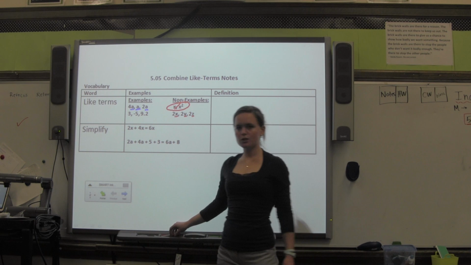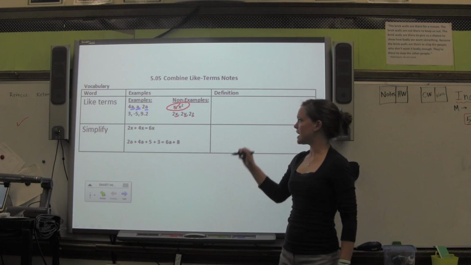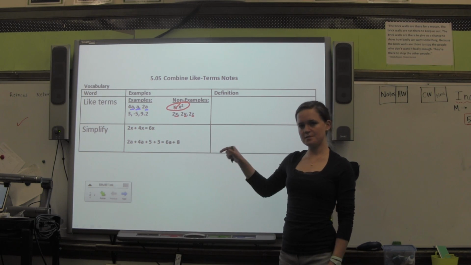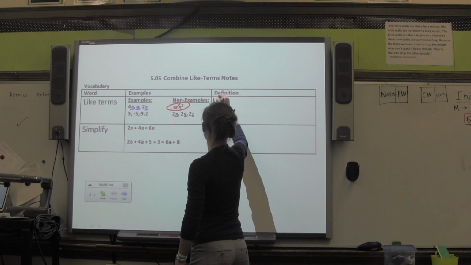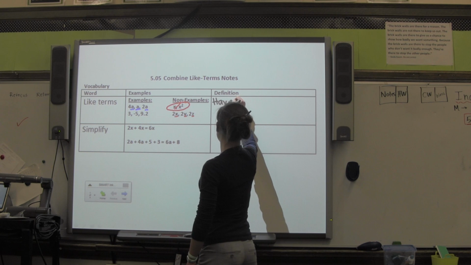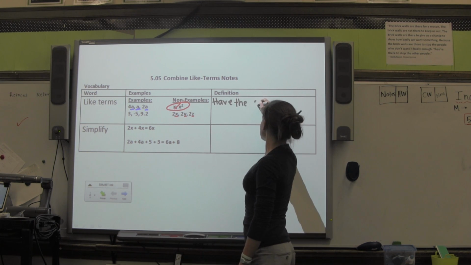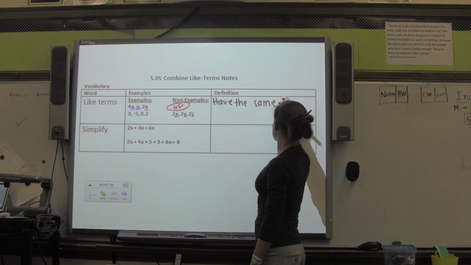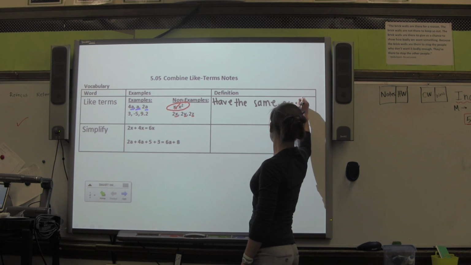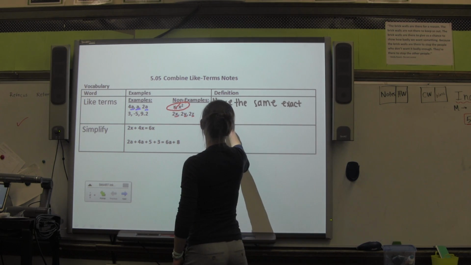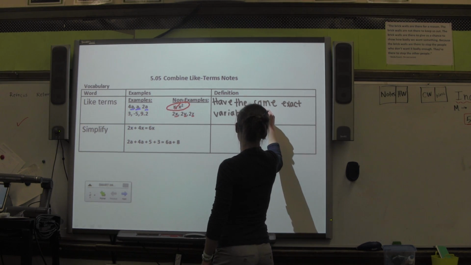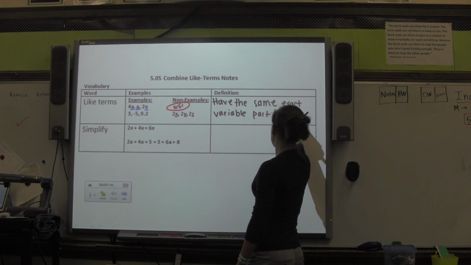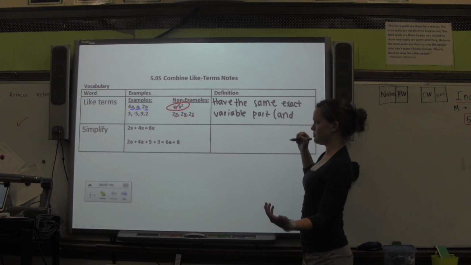The definition you can write down is that like terms have the same exact variable part. And I'll put in parentheses, and exponent.